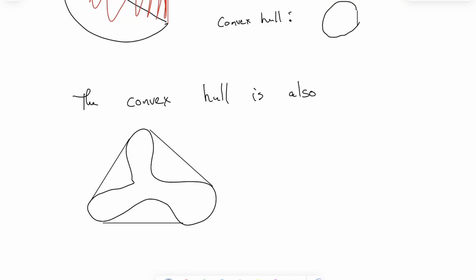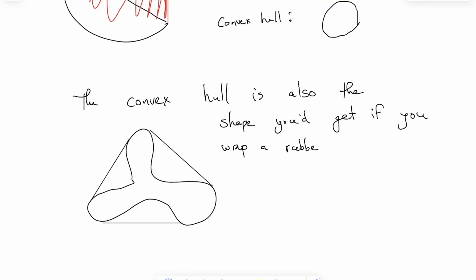The convex hull is also the shape that you would get if you wrap a rubber band around it.